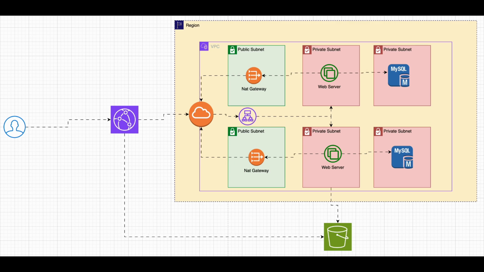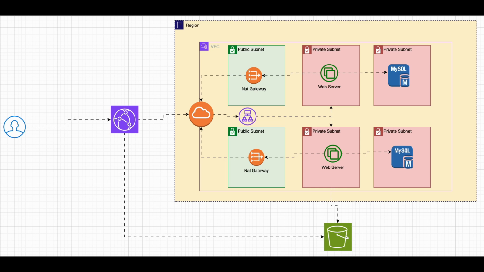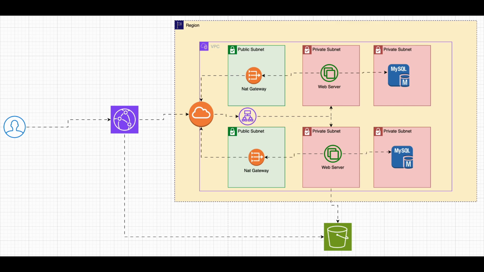Now, how does this help with high availability and fault tolerance? The load balancer continuously monitors the health of the web servers. If one of the web servers fails, the load balancer will stop sending traffic to it and only direct the traffic to the healthy servers. In the diagram, there are 2 availability zones with web instances in each.